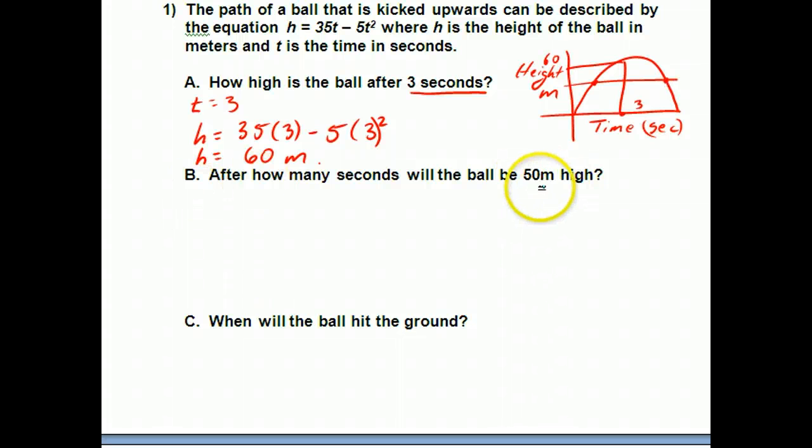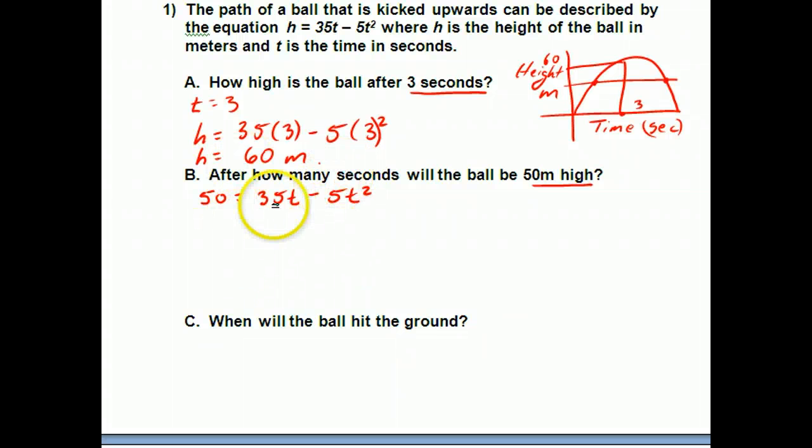So this is a height, so that means I've got to substitute that into my h. So I'm going to say 50 is equal to 35t minus 5t squared. I put my 50 where it's a height because they gave me a height. Now I'm going to solve for this, and I've got a t squared and a t here, so I've got to use one of my methods for solving a quadratic equation.